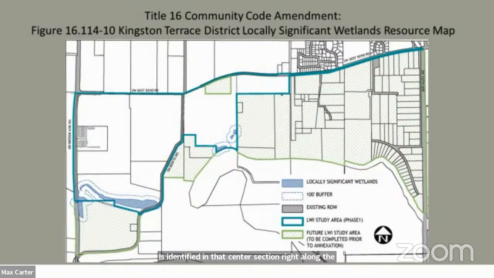I'm wondering why that is, right along the banks of the Tualatin River. I'm not really familiar with that property, but it seems odd that there wouldn't be any natural resources there that would need to be protected.